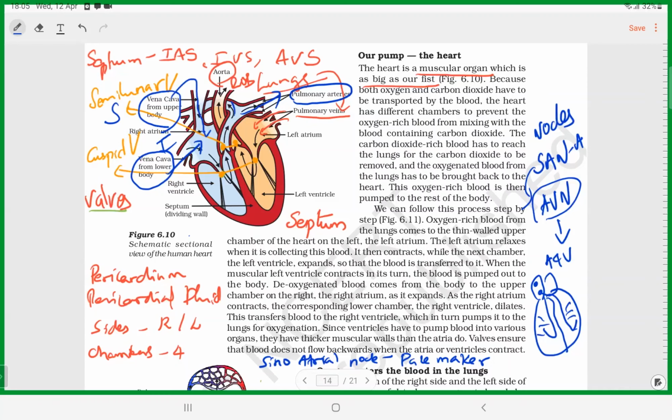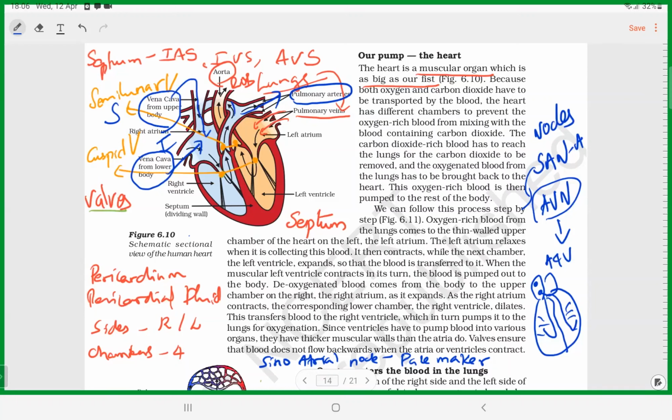Okay, listen to me carefully. The SA node is present on top of the right atrium, and it produces current. It is also called the SA node. The current diffuses through the atrium and makes the atrium contract.